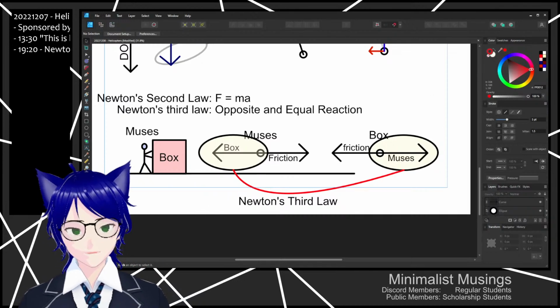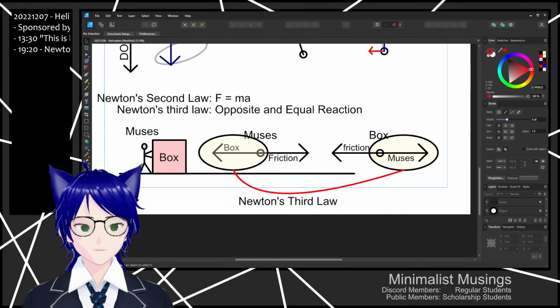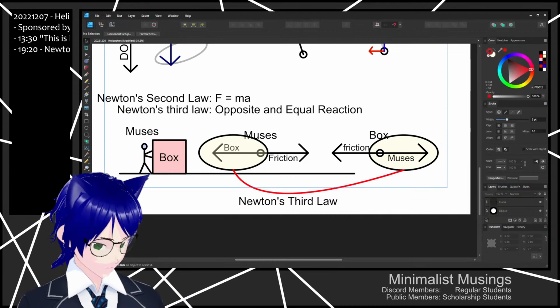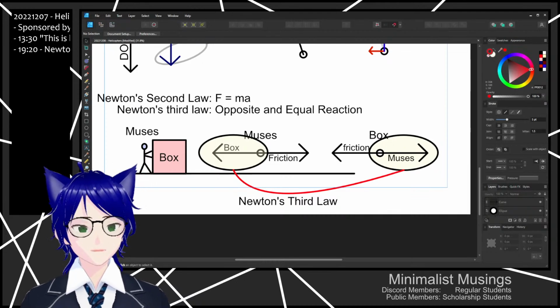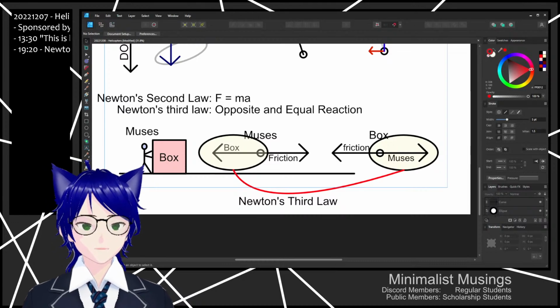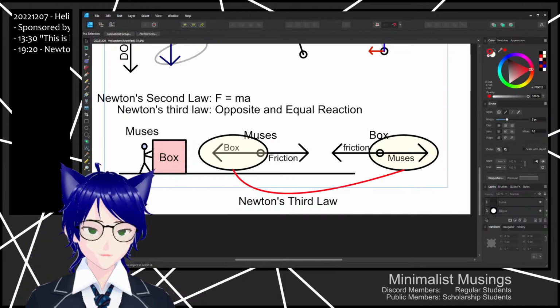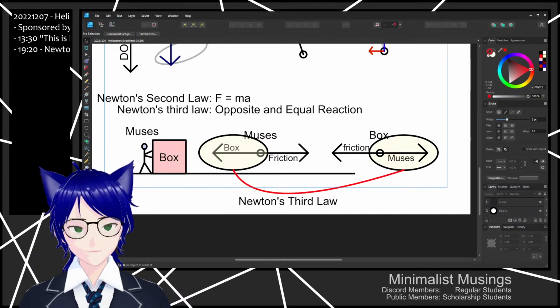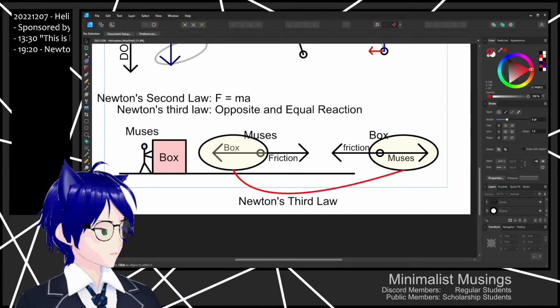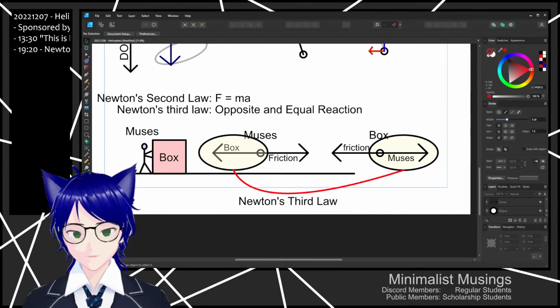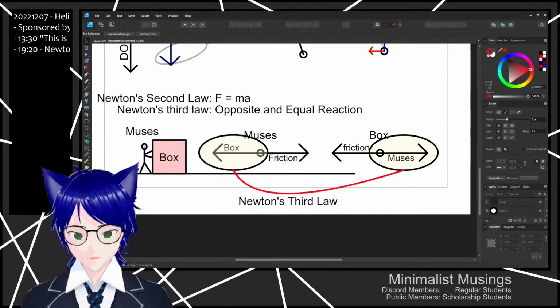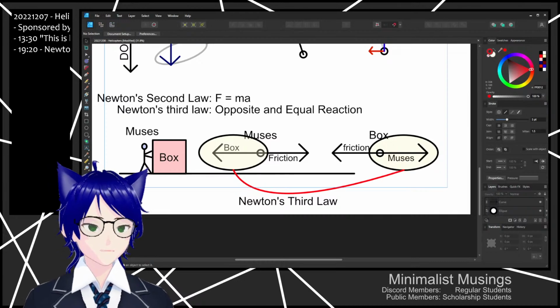Hold on. Let me write down that quote. What time are we at? We're at 30, 31. Muses takes great joy in destroying what teachers have taught by, what was that? Invalidating himself over.